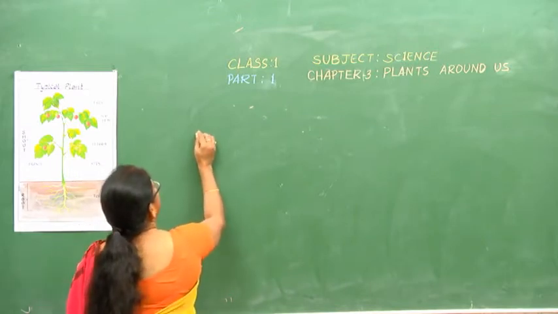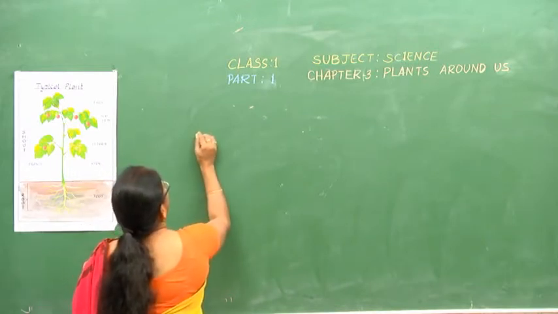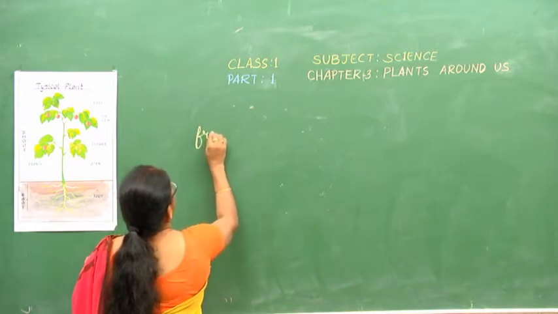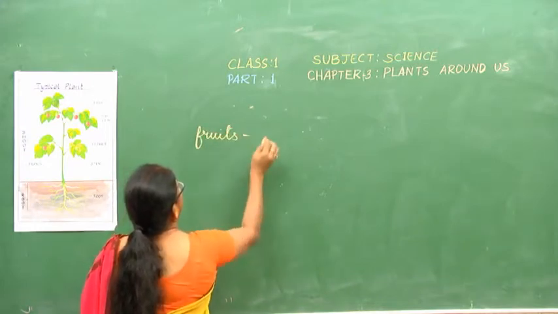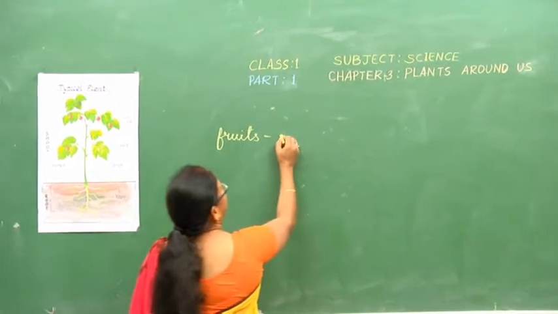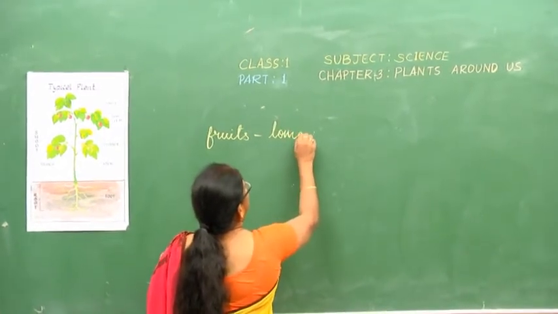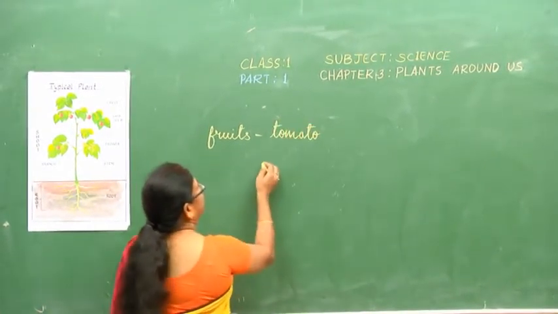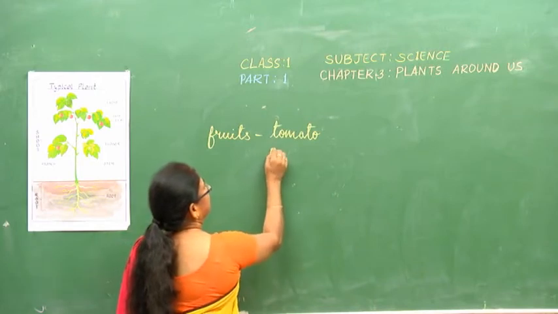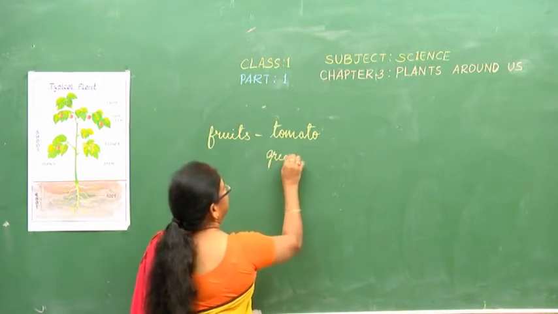Yes, she uses fruits of plants. Which are the fruits? Okay, tomato. Then leaves, yes, green leaves. Green leafy vegetables.